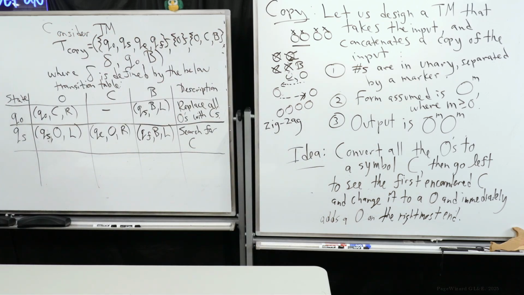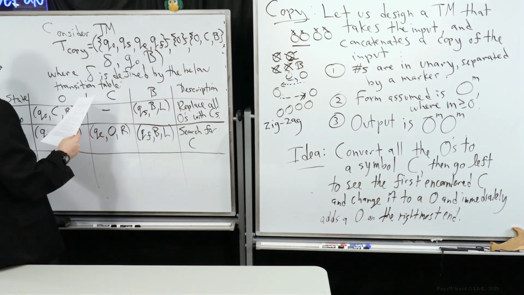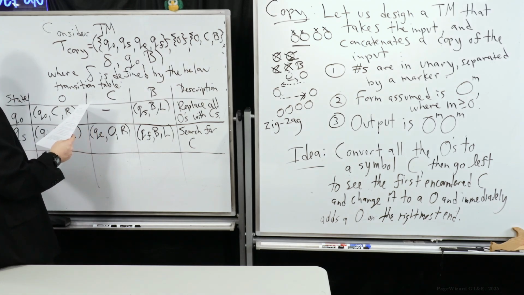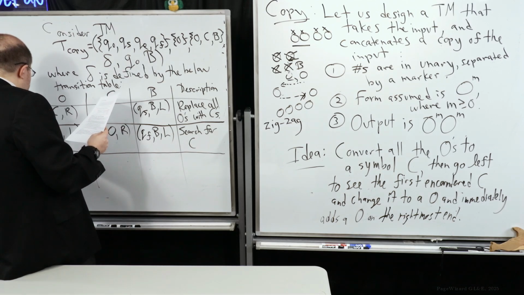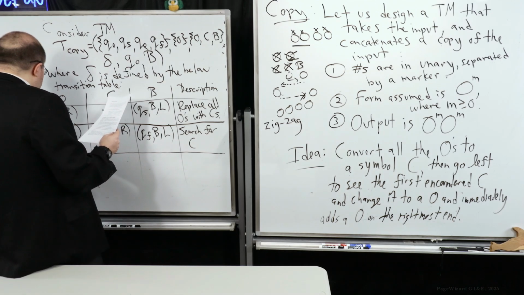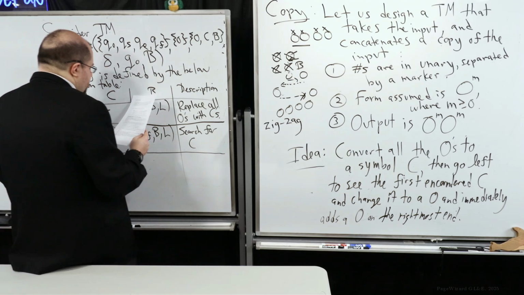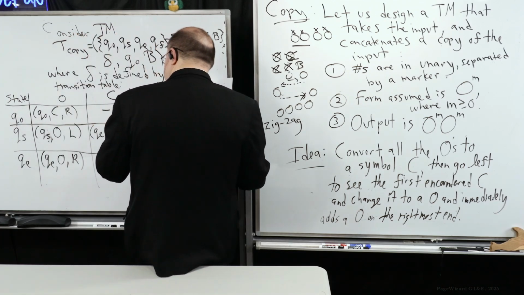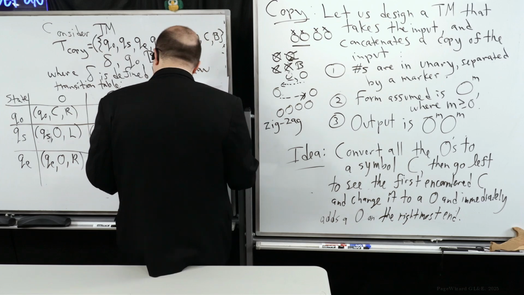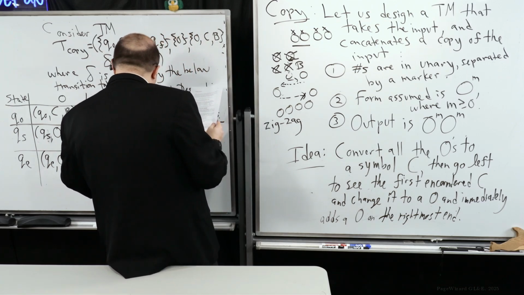Now that we have our task of searching for C, if we're successful at finding C, we will be in QE. We're going to stay in QE. If we see a 0, we'll go right. We're going to pass over any zeros. We're not going to run into any C's because we're going to do this until we hit the first blank.